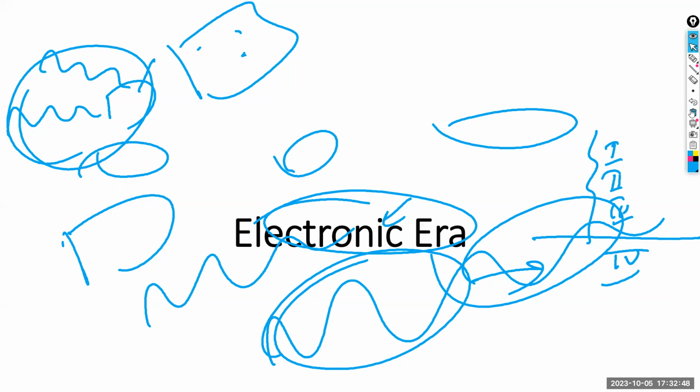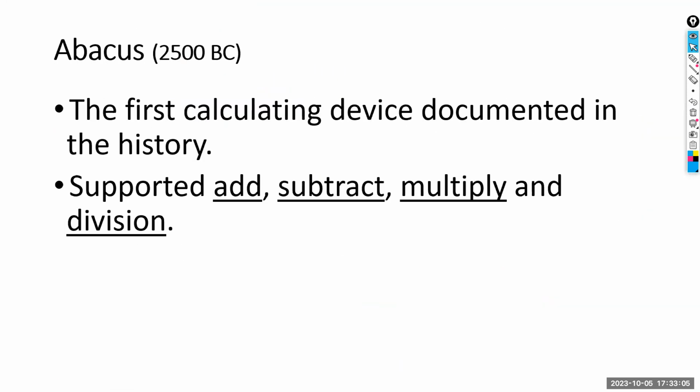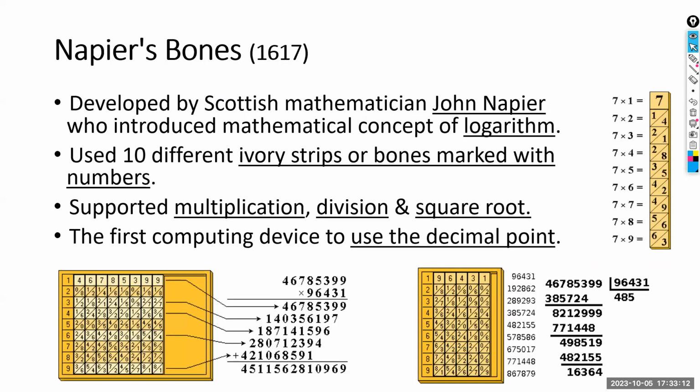So now we are in the electronic era. Remember, we started with the very humble abacus, right? Let's refresh it again. We started with the abacus, then Napier's bones, which had more sophistication for multiplication, division, and square root.